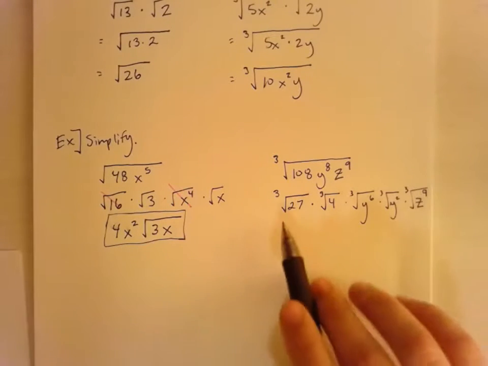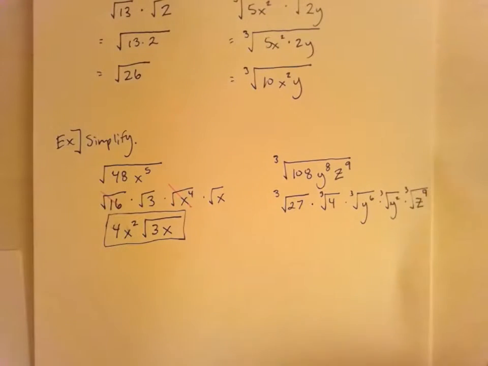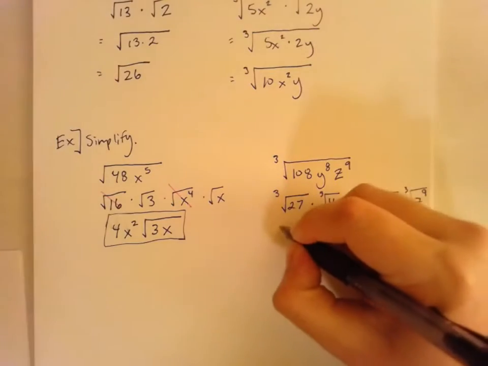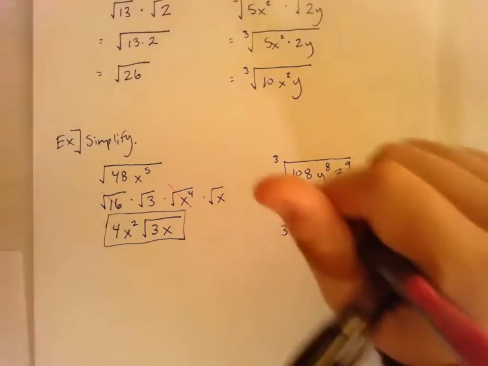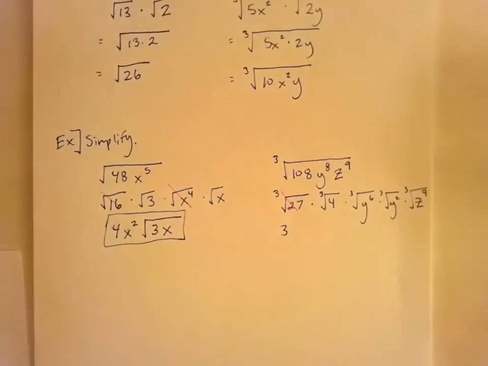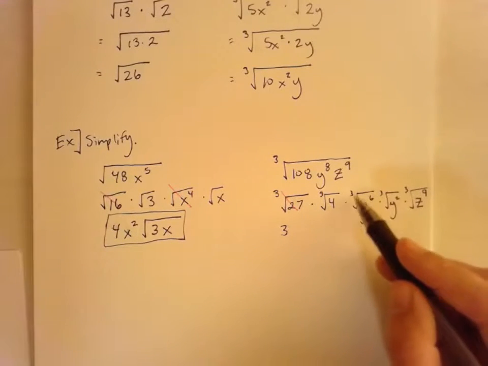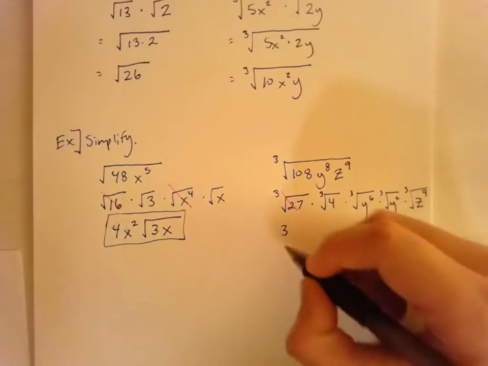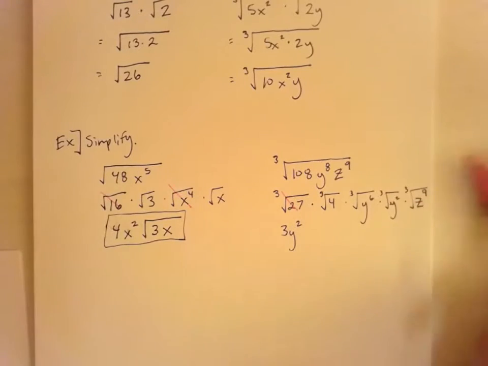So, now that we have everything written out that will eventually simplify, let's take care of each piece. I know that the cube root of 27 is going to get me 3. And now that I've written that out, I'm going to cross it out. And I also know the cube root of y to the 6th is going to be y squared, so I'm going to write that as well.